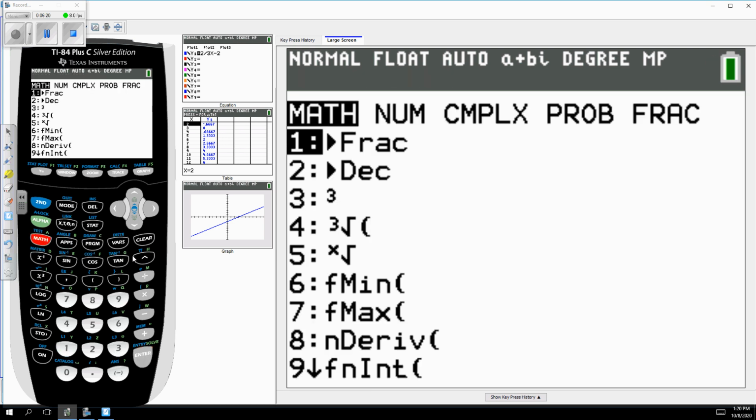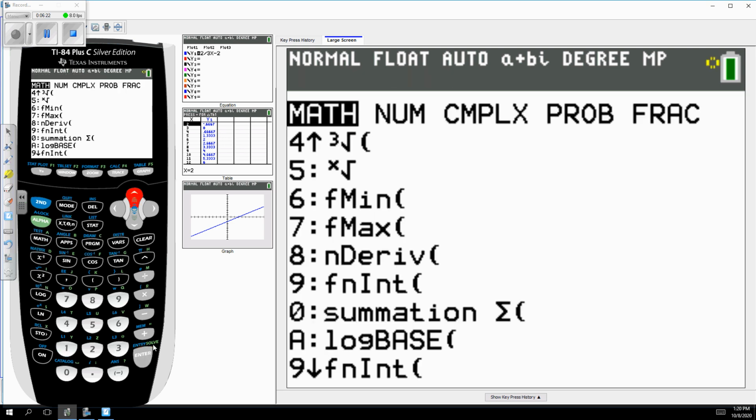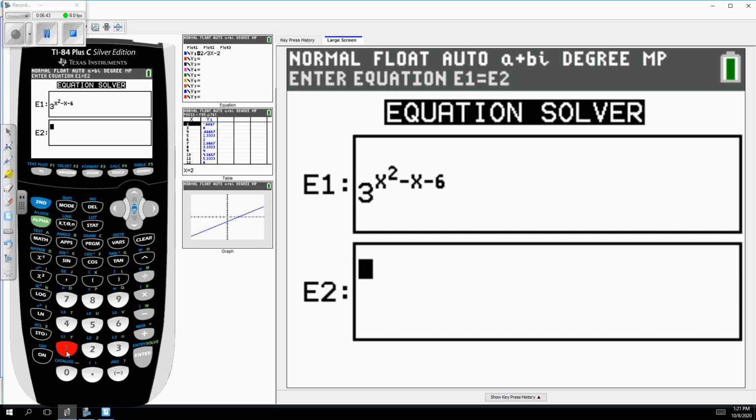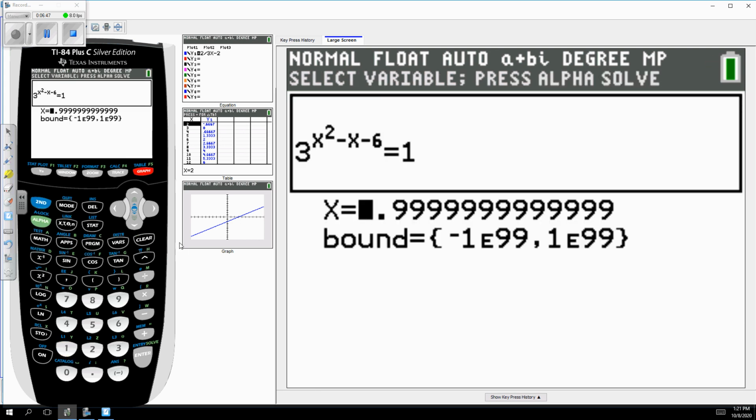What's really cool with solver is when you get a nasty one, like the one I had before, that comes up on a test. It's 3 to the x squared minus x minus 6 equals 1. That's quadratic, so it's probably going to have 2 answers.